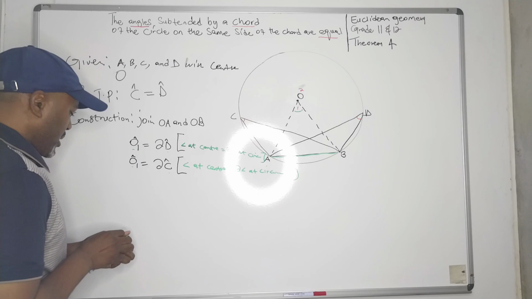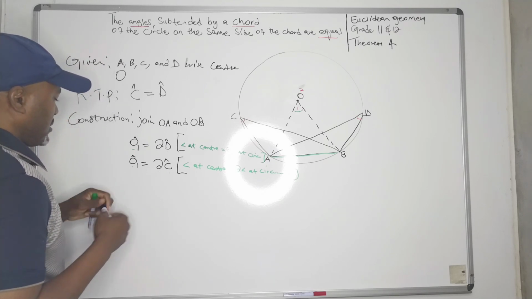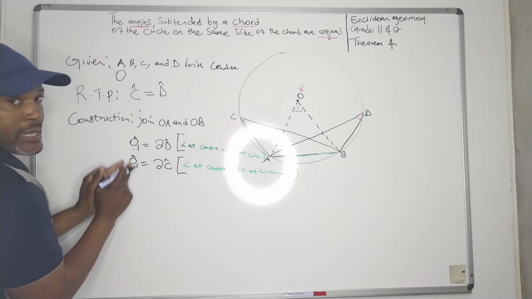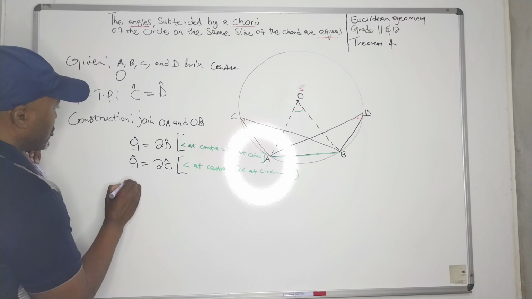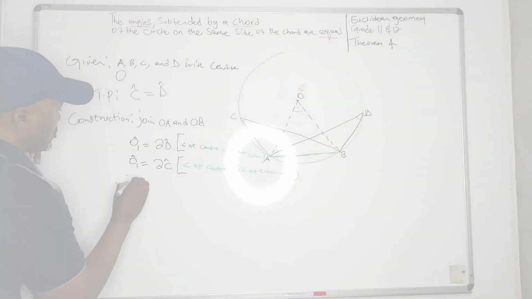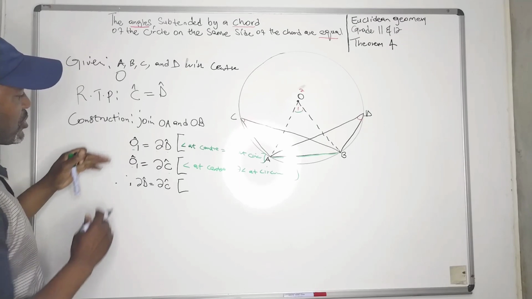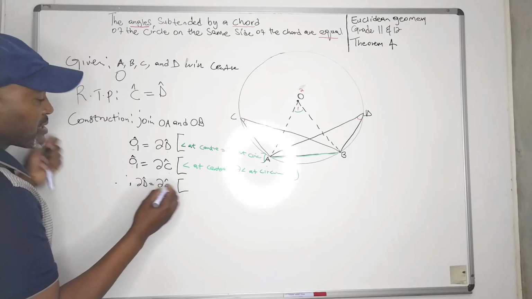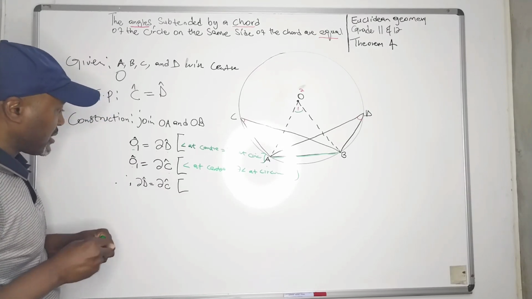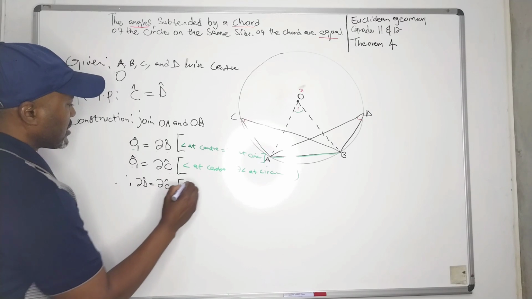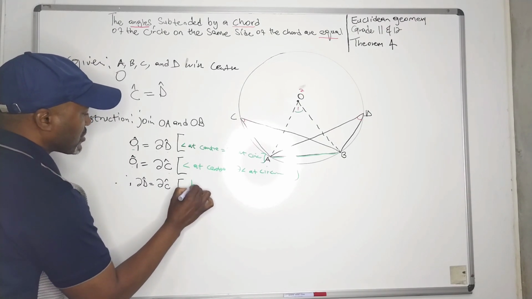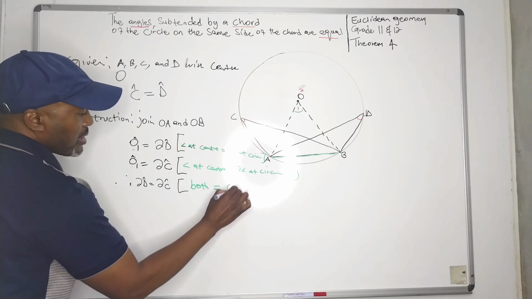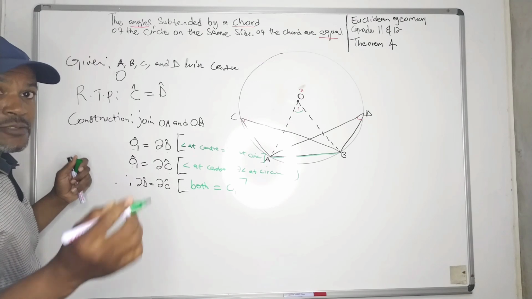So we can now say that 2D is equal to 2C, because both of them are equal to O1. You can simply give a reason for that as well if you like. The reason is both of them are equal to O1. You'll get full marks for that.